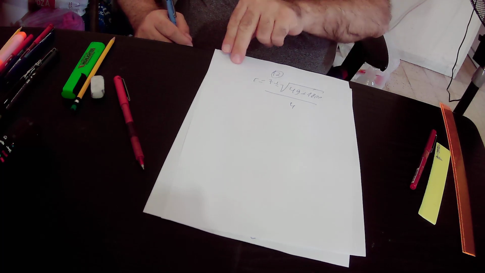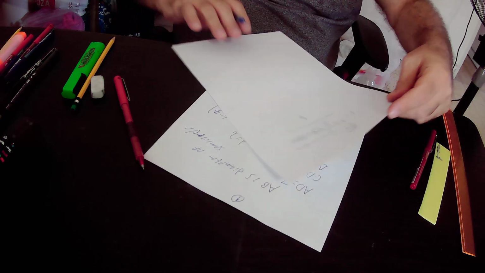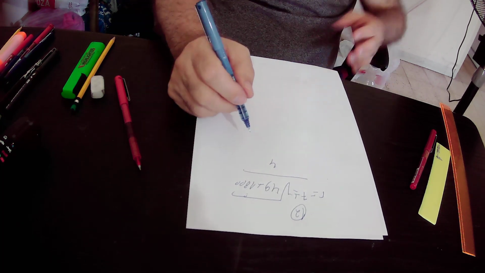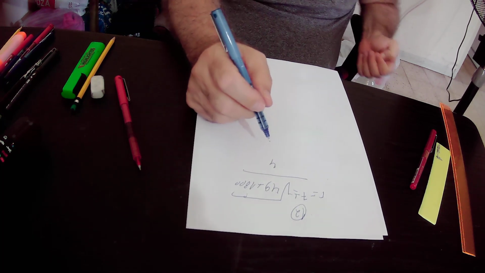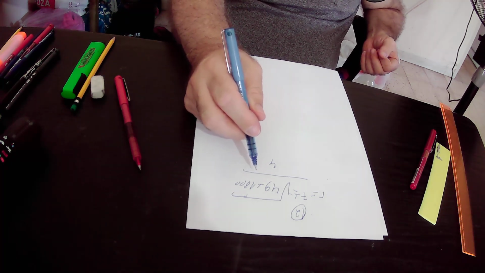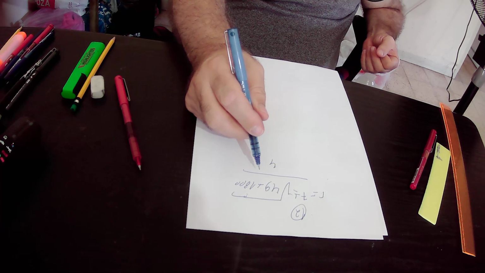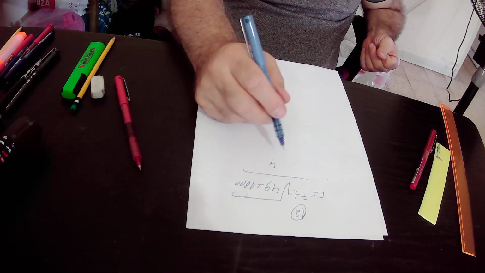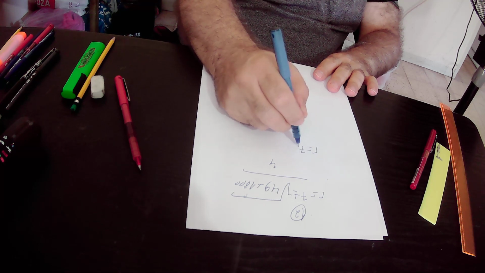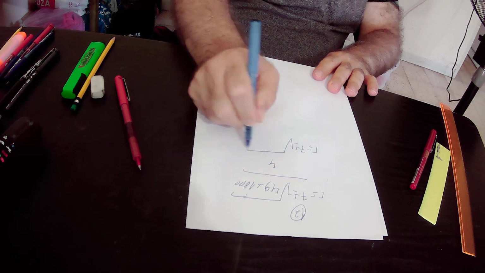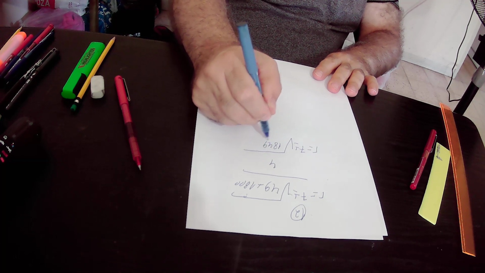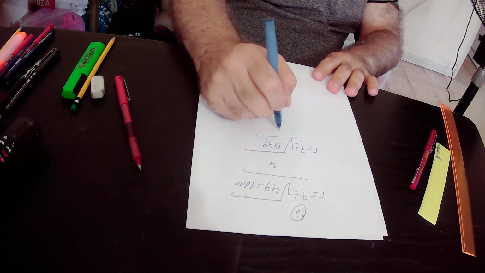Okay, I write it down. 49 plus 1800 is 1849. So R equals 7 plus minus the root of 1849 over 4.